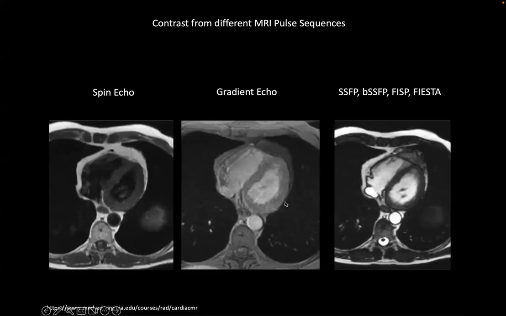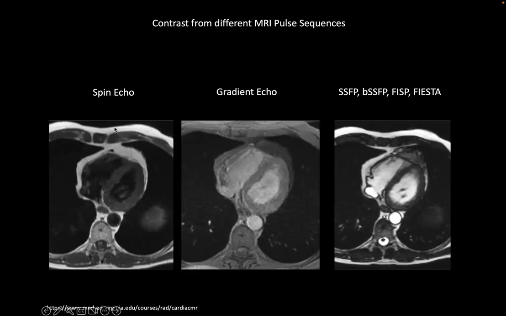Okay, so contrast from different pulse sequences. The spin echo pulse sequence. This is all the same patient, same slice. In the spin echo pulse sequence, because of this dark blood contrast, where the blood that was in this slice has gone by the time the 180-degree refocusing pulse is used, you get these voids where blood is.